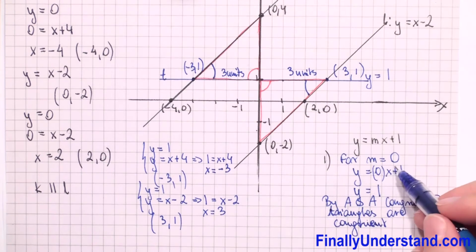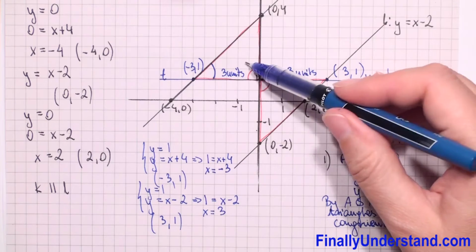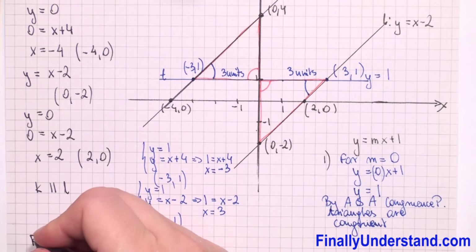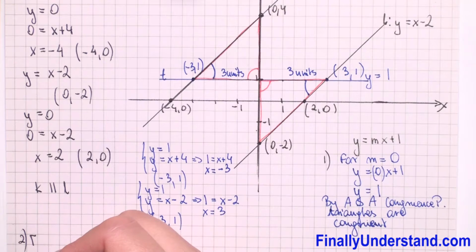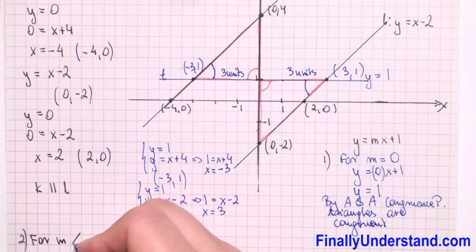So for m equals 0, we got two triangles which are congruent. What else? Now we have to check the second case, which is for m less than 0.